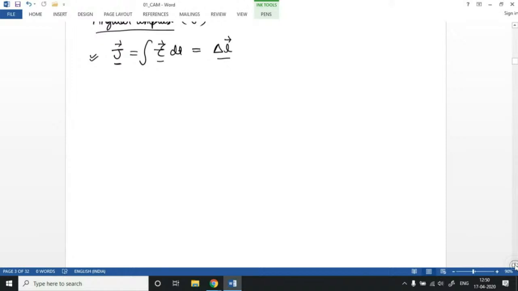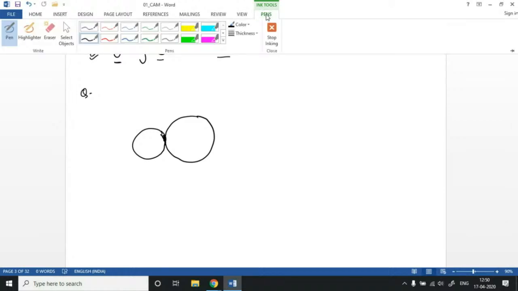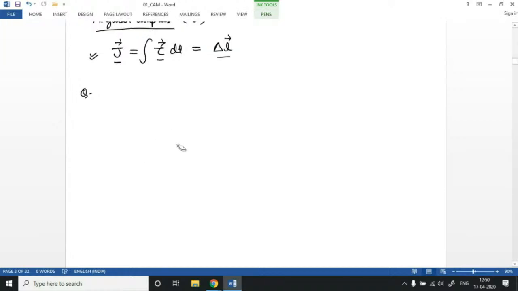One simple problem I want to discuss here is, say we have two disks. Let me draw a bigger diagram here in order to have a better view.